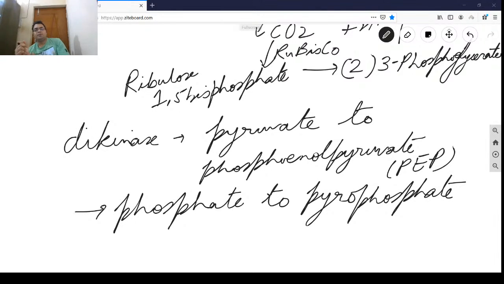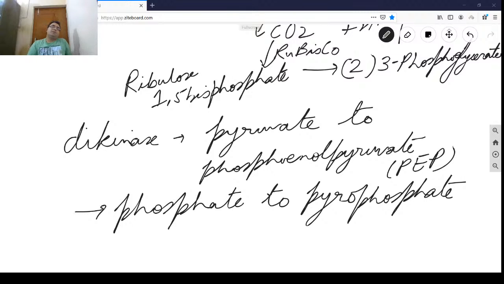If CO2 entered, then CO2 could have directly diffused to the bundle sheath cell, and then O2 could have also diffused. So in order to make this dramatic change, it requires HCO3 minus, not CO2.